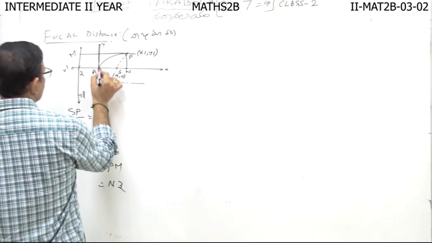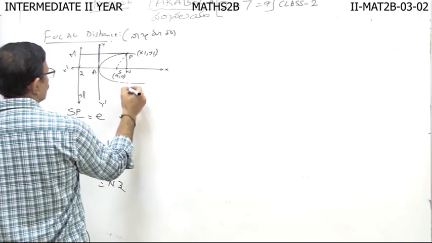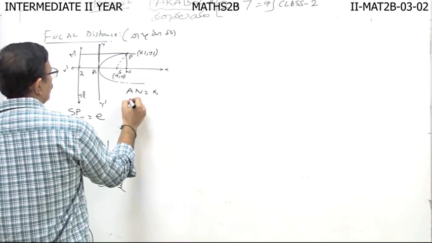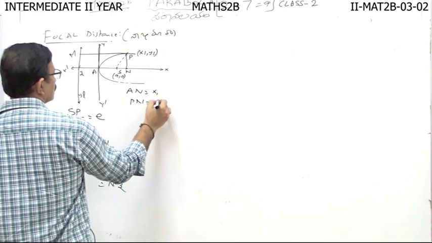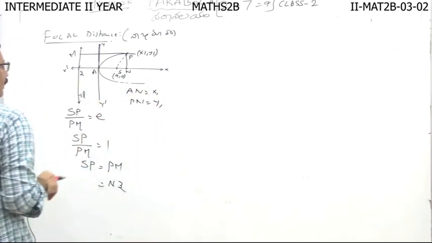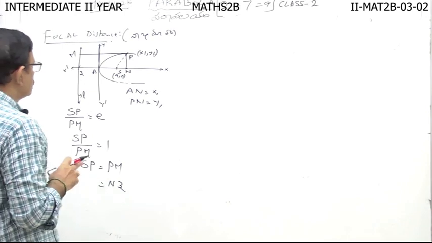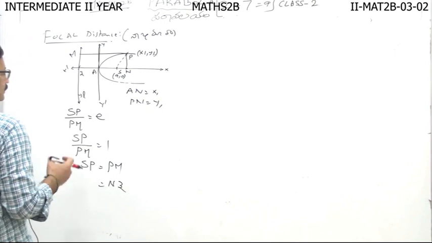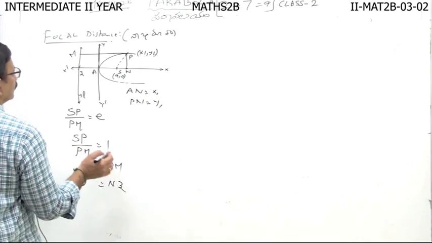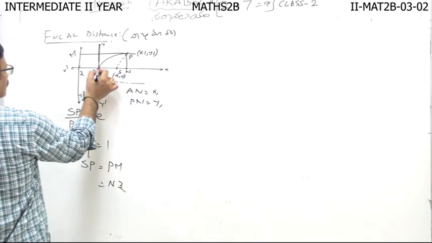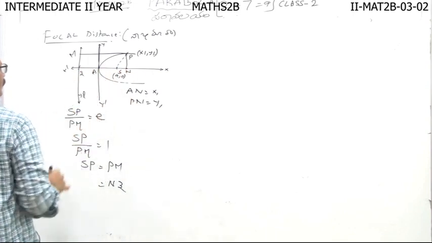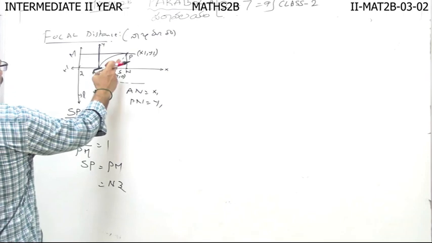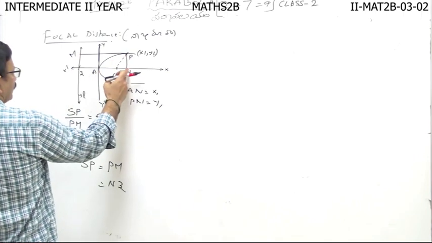Now see here, this is AN. AN is equal to x1 and PN is equal to y1. This is from coordinate geometry. Already we have learned that A is the midpoint of ZS.